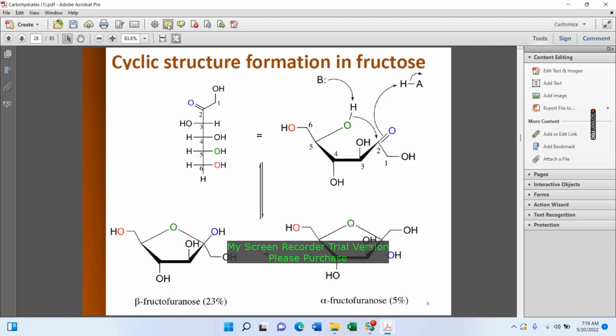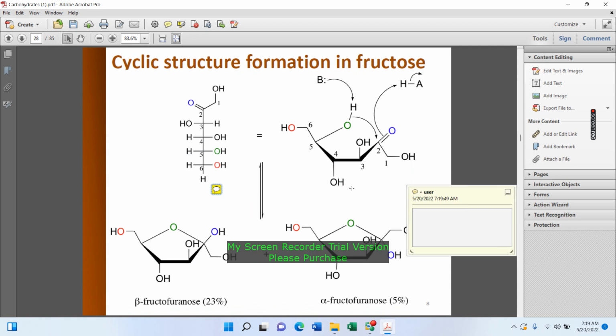Always remember, it's not the chiral carbon we take. It's always a chiral carbon, but we take the adjacent carbon to the terminal carbon.